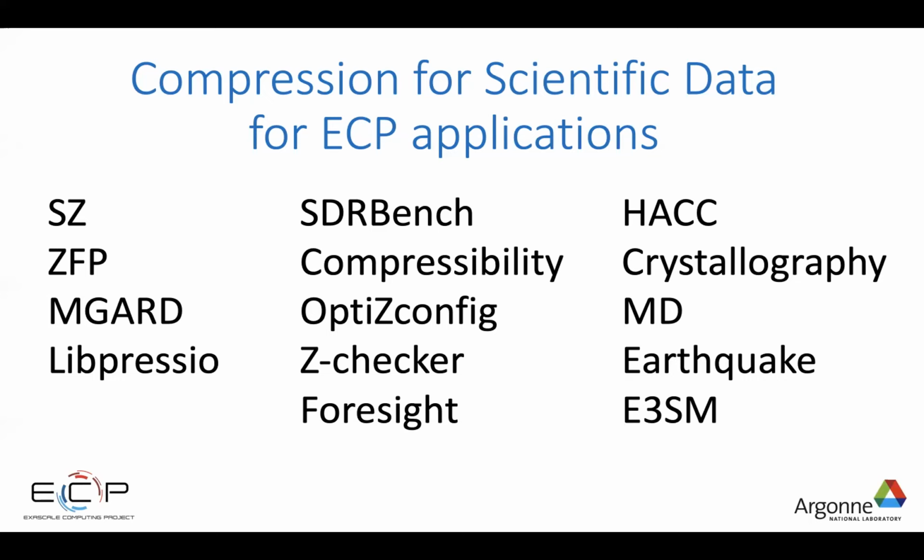So the MGARD compressed data is based on multi-level interpolation. The decomposed coefficients naturally capture the local variation of the data, and we use those decomposed coefficients as a metric to measure the data fluctuation. You choose how much percentage of the total data coefficients you want to keep in the high accuracy region.